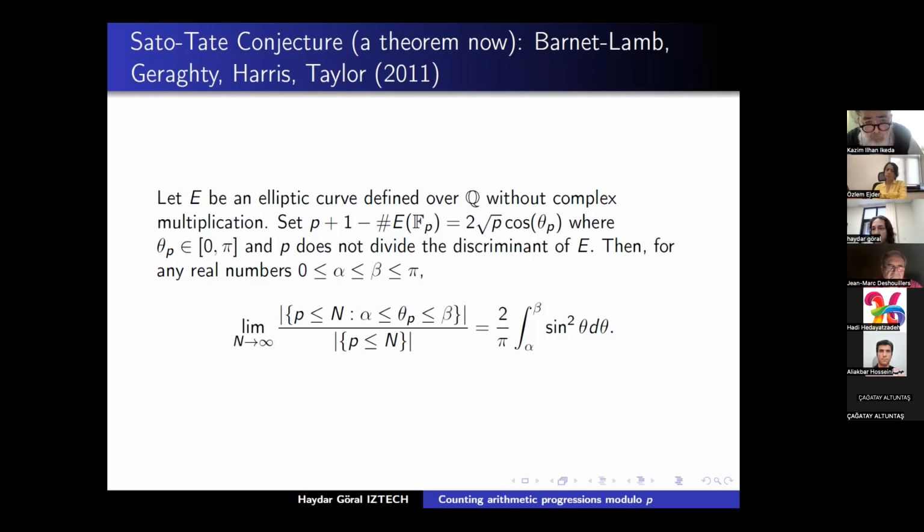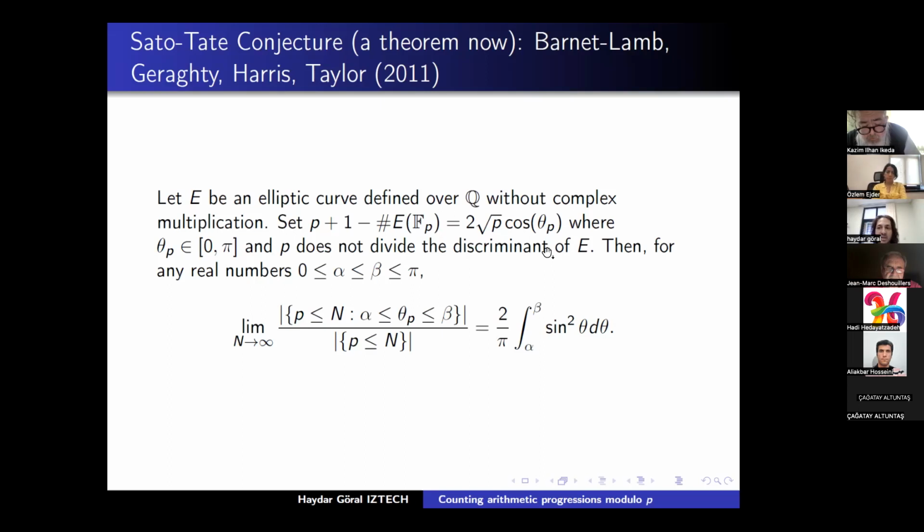It's the Sato-Tate conjecture. It was conjectured around the 1960s, but it's a theorem now, after 50 years. It says that if you have an elliptic curve over Q without complex multiplication, which means that you don't have many symmetries, then you consider this elliptic curve modulo p, and suppose that p doesn't divide the discriminant.